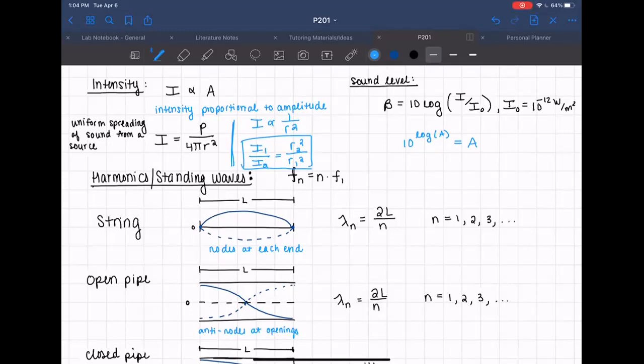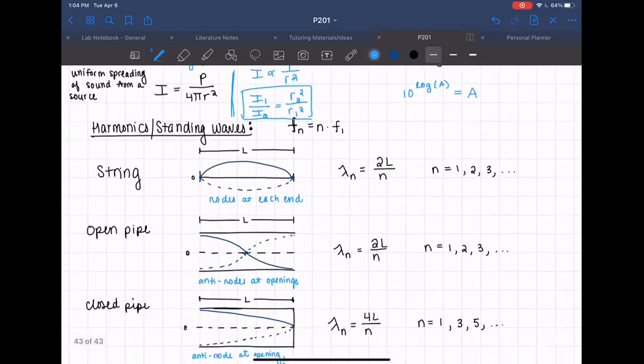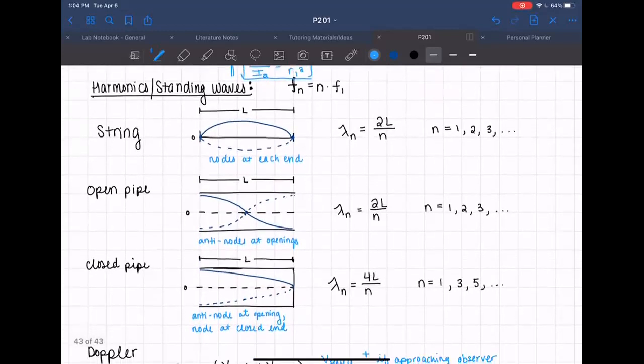And then the last thing really, or I guess there's more than this, but harmonics are huge. So I did a whole big section on harmonics for myself. For any type of harmonic, whether it's a string, whether it's a pipe or anything else, Fn equals n times F1 is always going to hold true.